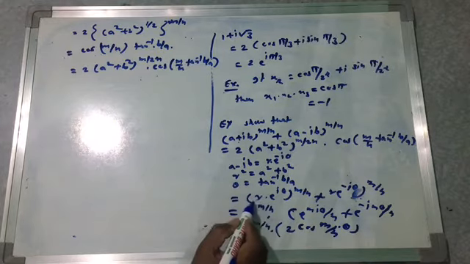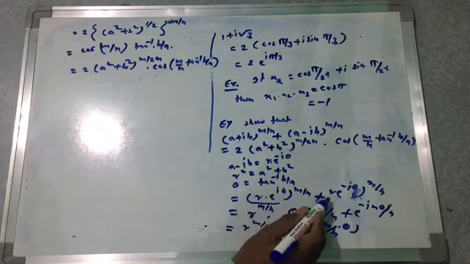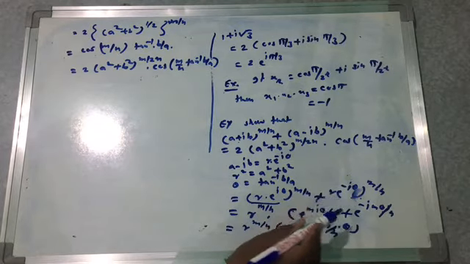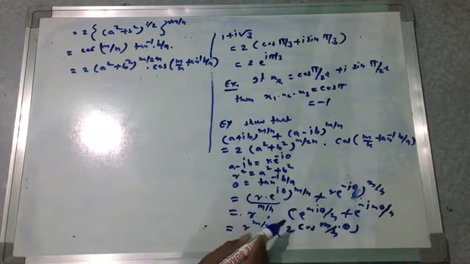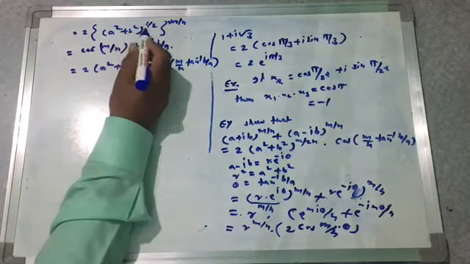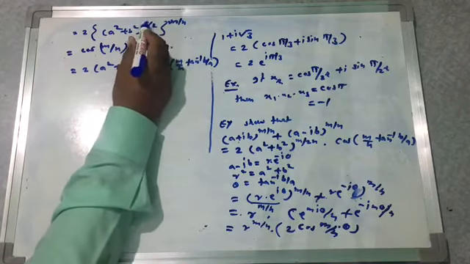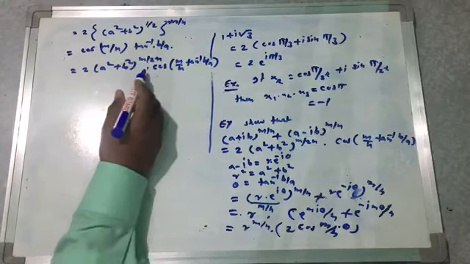Then this r into e to the i theta, raised to m by n, plus r into e to the minus i theta, raised to m by n. In this manner we take the common factor r to the m by n, then we have the result 2 times (a square plus b square) to the power half, and its power is m by n. So in this manner we have to calculate all of this.